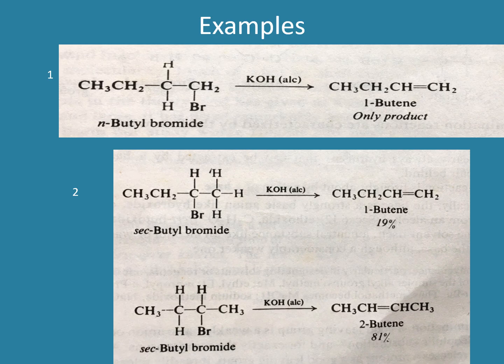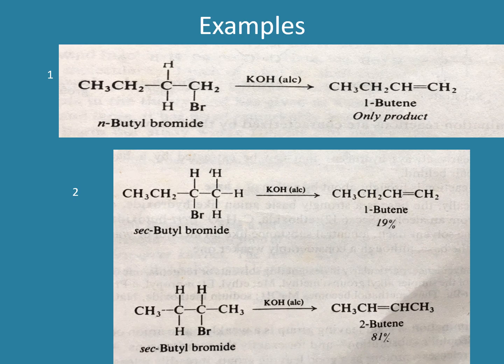In this case, if we see the structure of secondary butyl bromide, the bromine atom is attached to a carbon atom, and on both sides of that carbon atom, other carbon atoms are present.